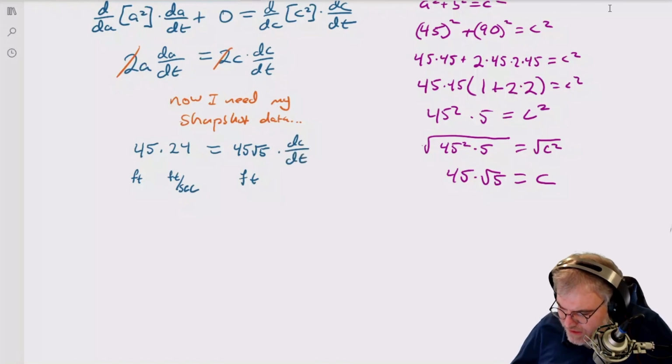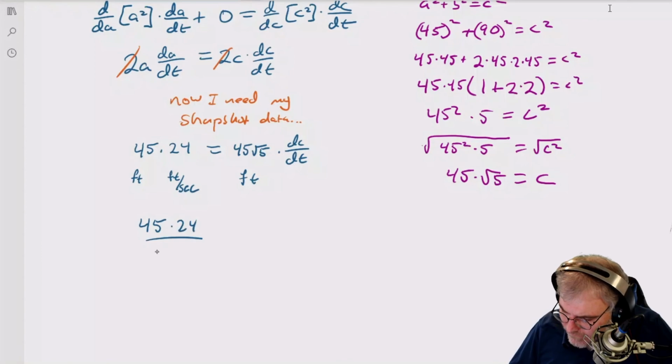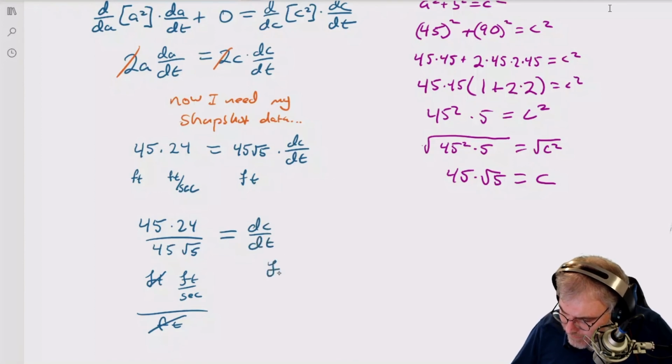And dc over dt is what I want, so I'm going to divide both sides by 45 times the square root of 5, and I get 45 times 24 over 45 root 5, and my units become feet, feet per second over feet, and that's going to equal dc over dt, which will become feet per second, which is what I want. Goodbye.